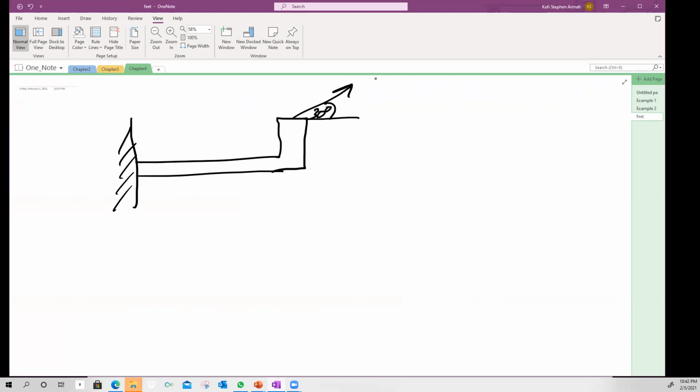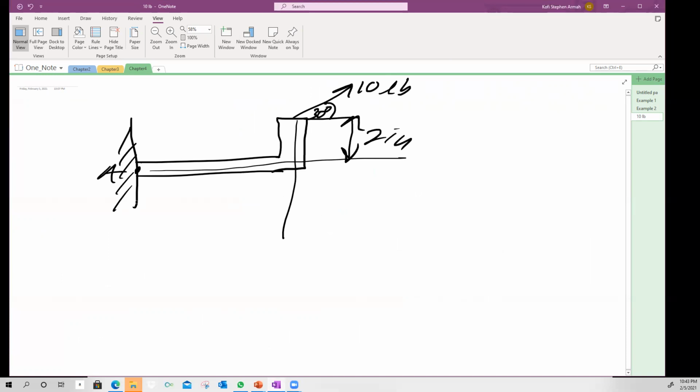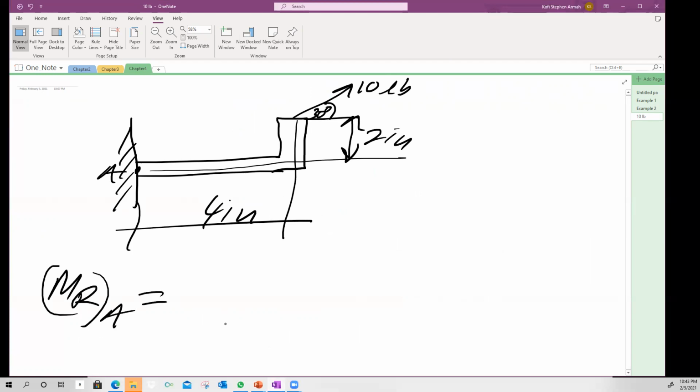And this is like 10 pounds. And this point is point A. Let's say the distance from here to here is 2 inches. And the distance from here to here is 4 inches. What would be the resultant moment about point A? About point A. So look at it very well.